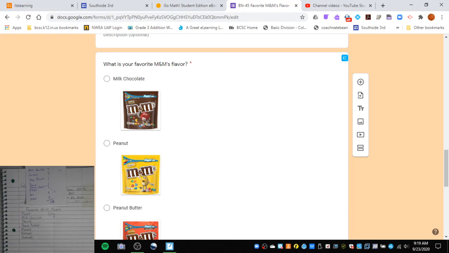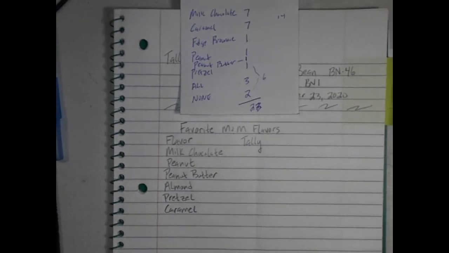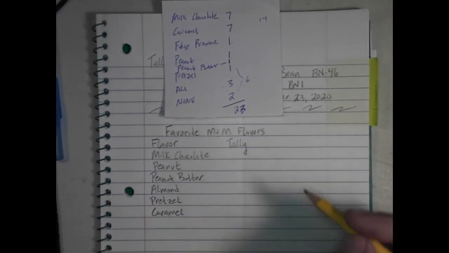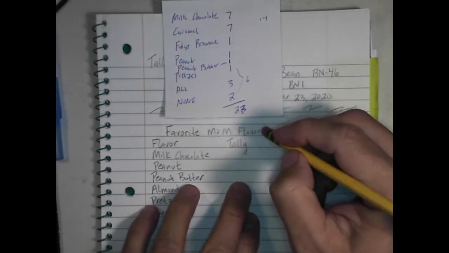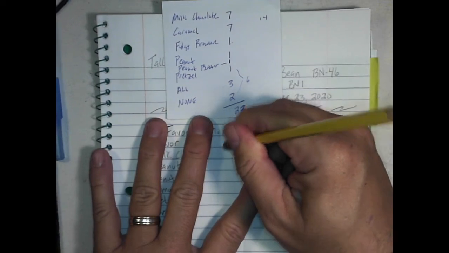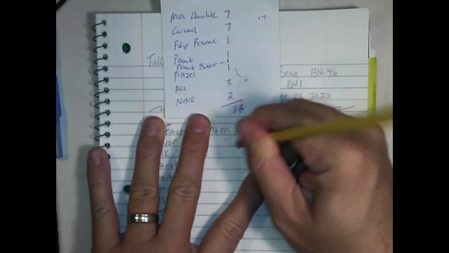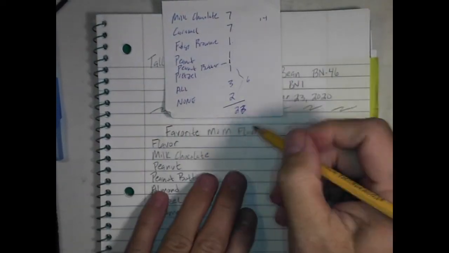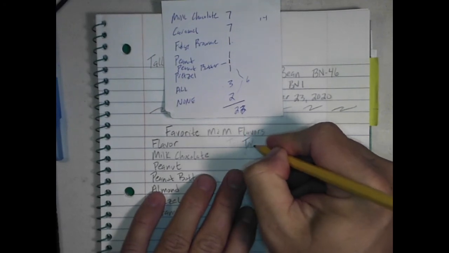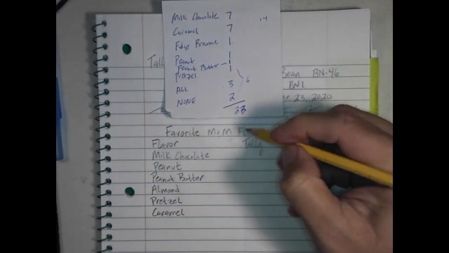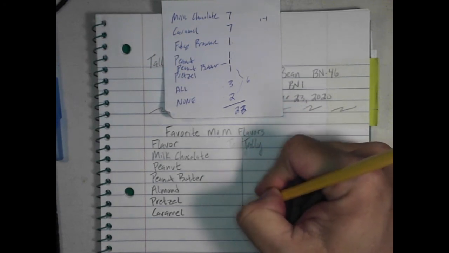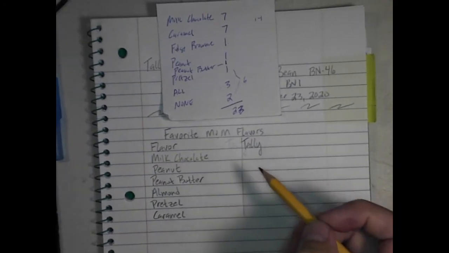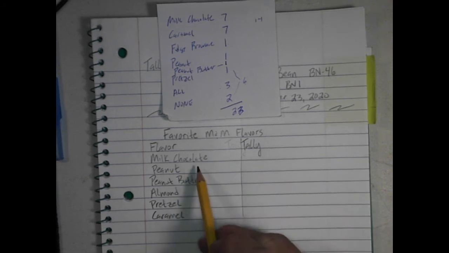Let's get back to here. Now I can go ahead and put in my tallies. All right, and I'm actually going to move the tally. So what's kind of nice about the crease here is that it gives me, without really even knowing it, a line right here. So I can keep them all straight. So how many picked milk chocolate?